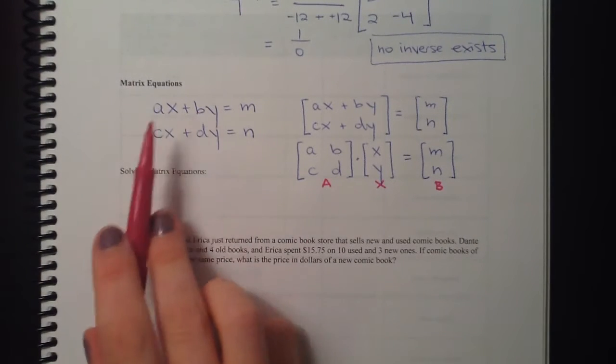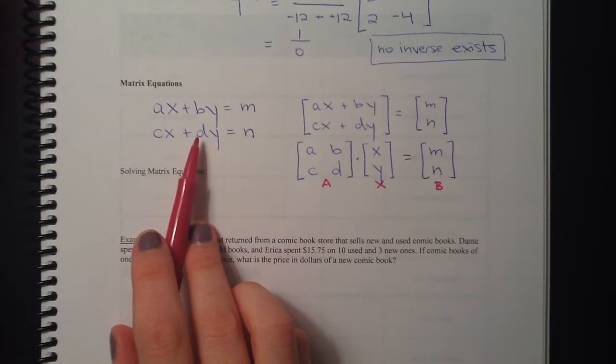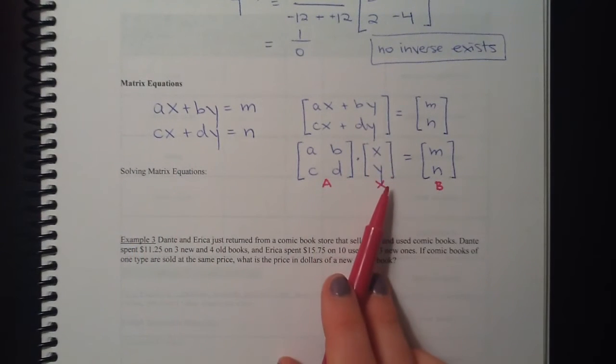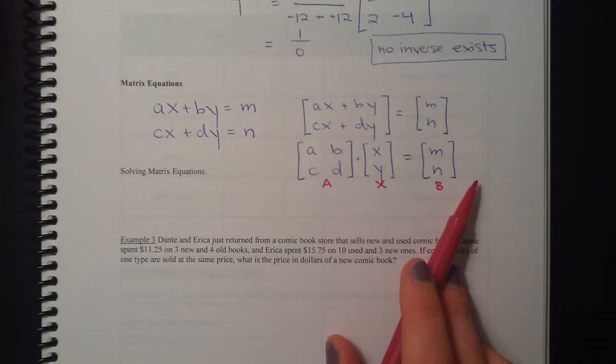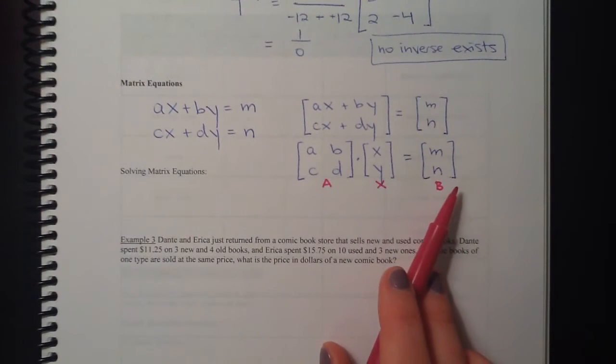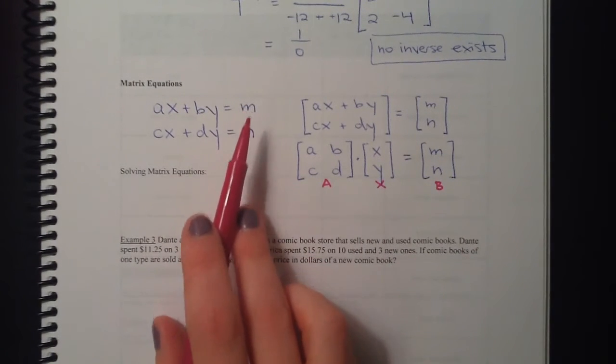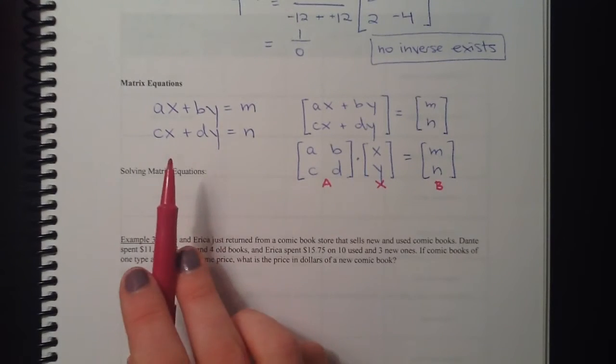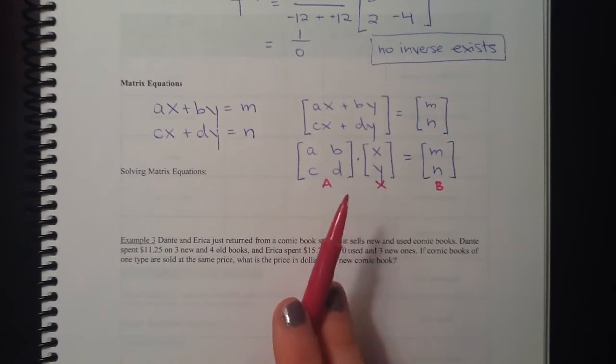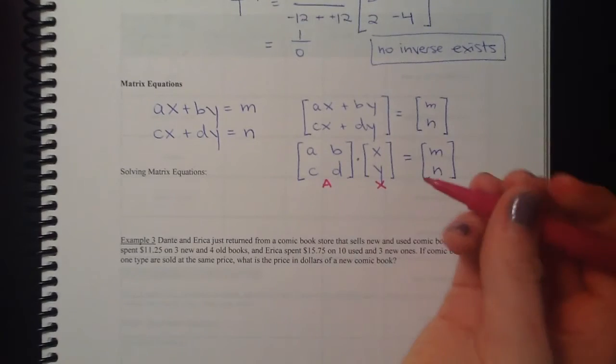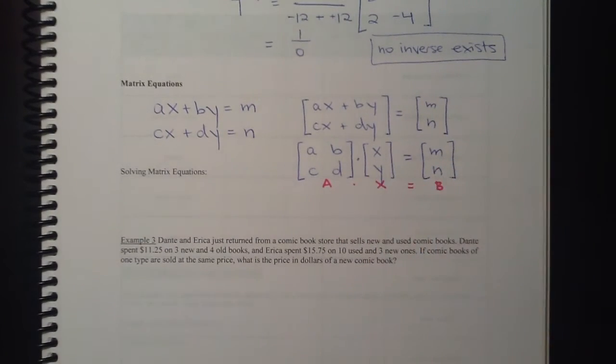We're literally just pulling the coefficients off of x and y. The variable matrix is only the variables of a system, so just the x, y. And then the constant matrix is only the constants of a system, so just the m and n. Constants are simple numbers without variables attached to them. So we've got A times X equals B. So that is our matrix equation.